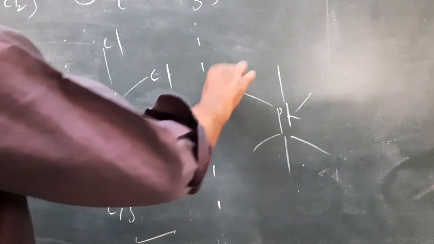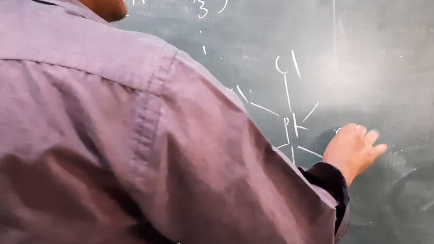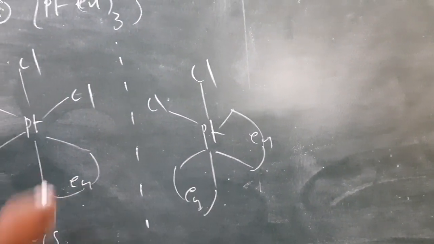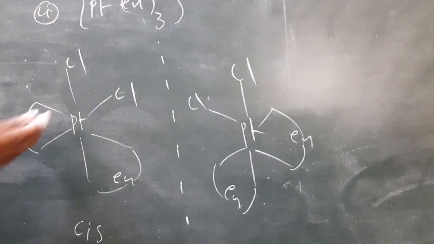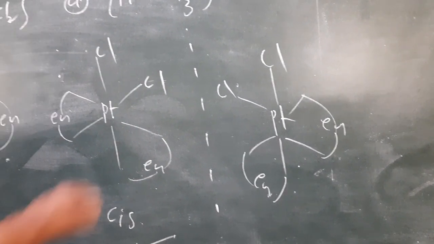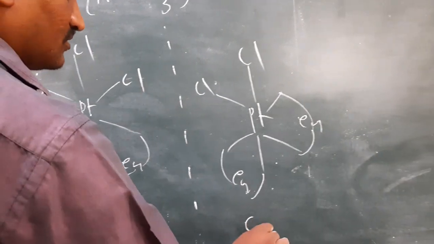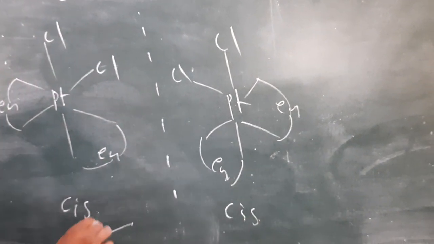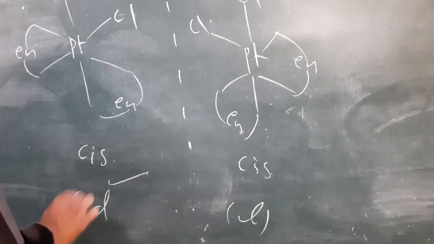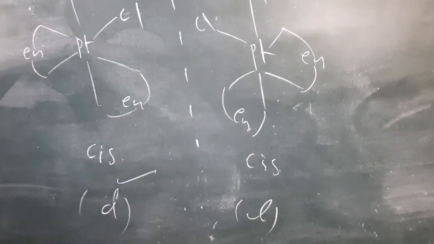Because of absence of plane of symmetry. So there is no plane of symmetry, we can't cut into equal halves. These 2 are cis only, but this is dextrorotatory, this is levorotatory. One is dextrorotatory, one is levorotatory.